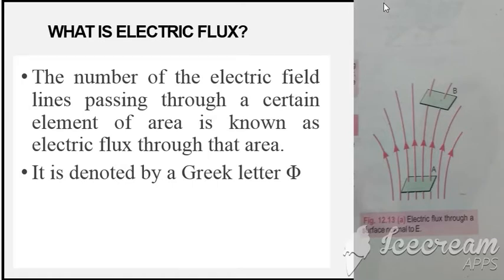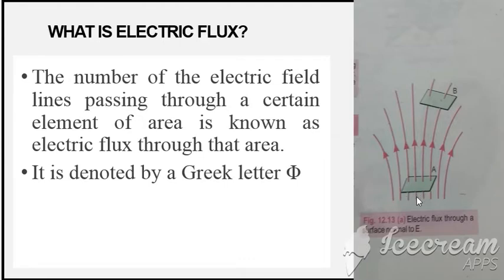So to describe this diagram in terms of electric field intensity: in area A, the electric field is more intense than in area B, because the electric field intensity through area A is 4 Newton per coulomb, whereas through area B it is 2 Newton per coulomb, because 2 field lines are passing through B and 4 field lines through A. The more the number of lines passing through the area, the more intense the field.